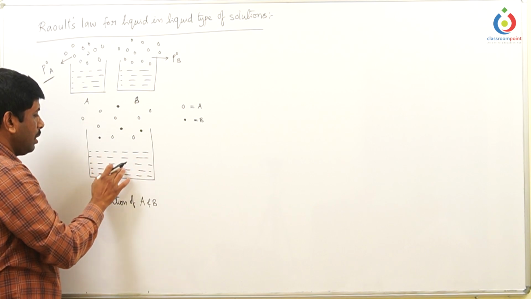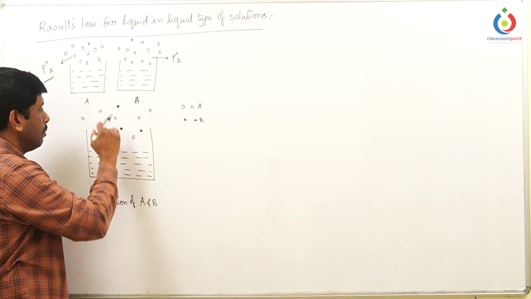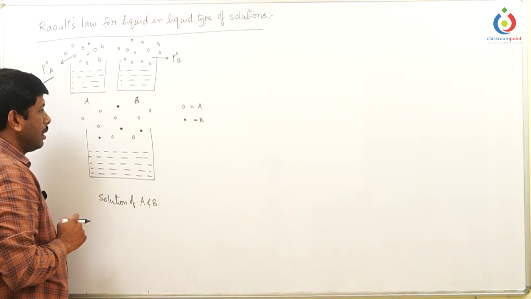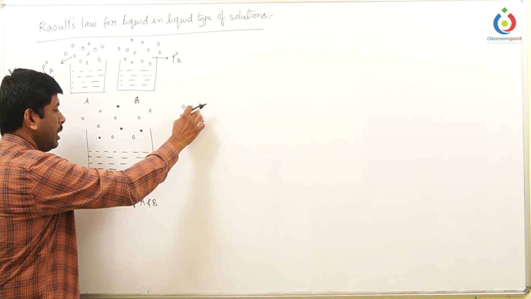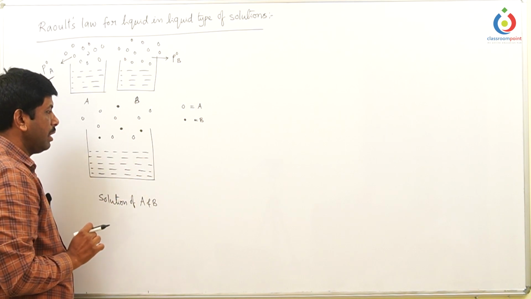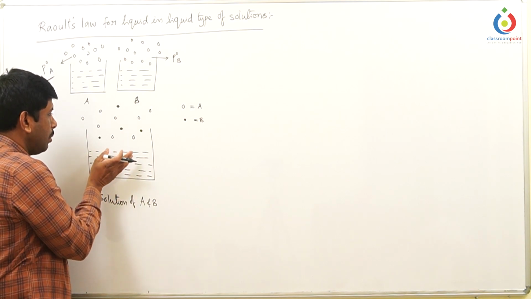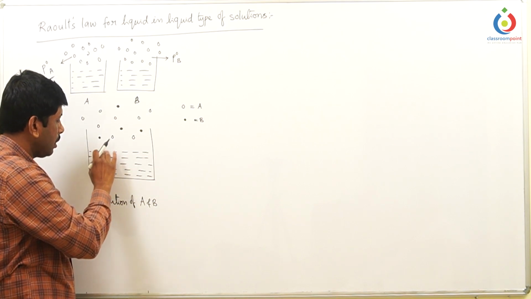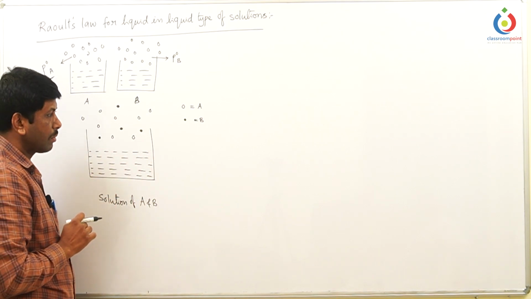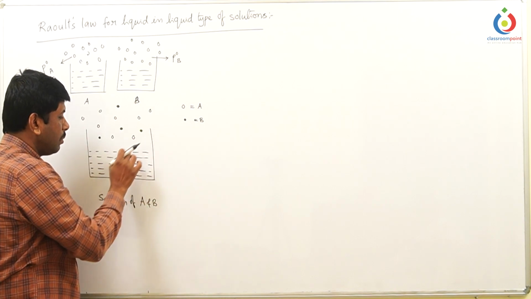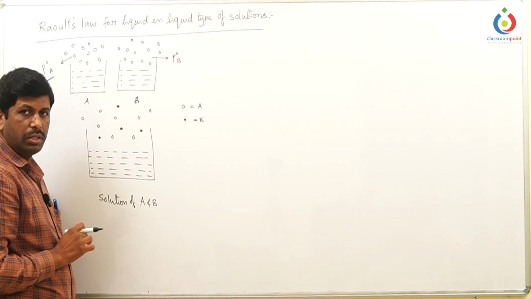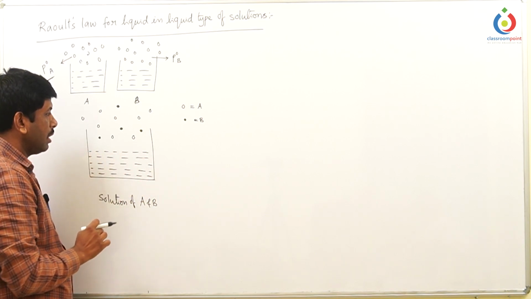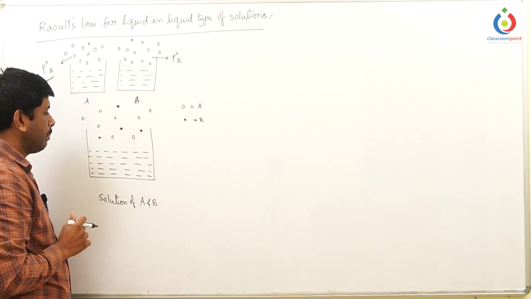The more molecules present in the liquid, the more can go into the vapor state. That means if the A composition is more in the liquid, then A molecules get the chance to go into vaporization. Why? Because more A molecules will occupy the surface area. If B liquid is more present in the solution, then B molecules will occupy the surface area so that they get the chance to go into vaporization.